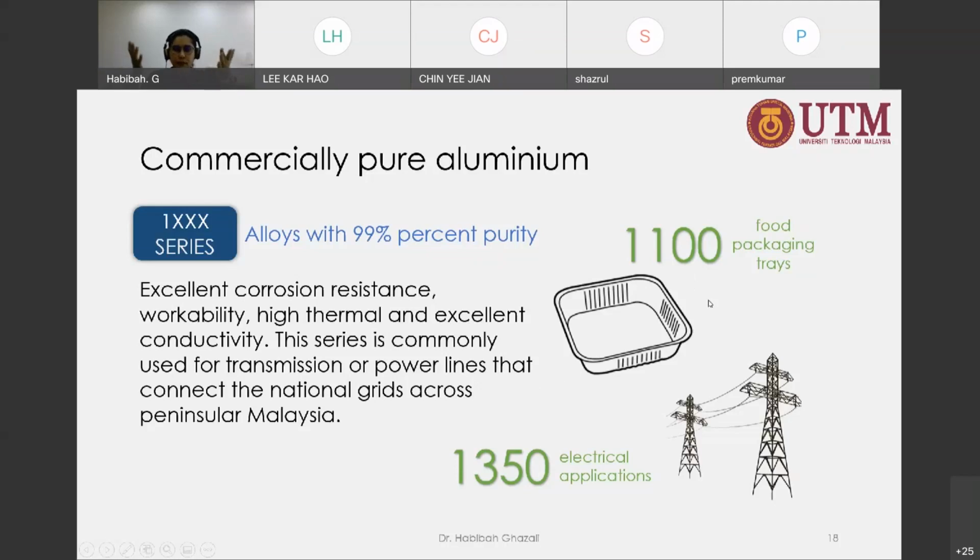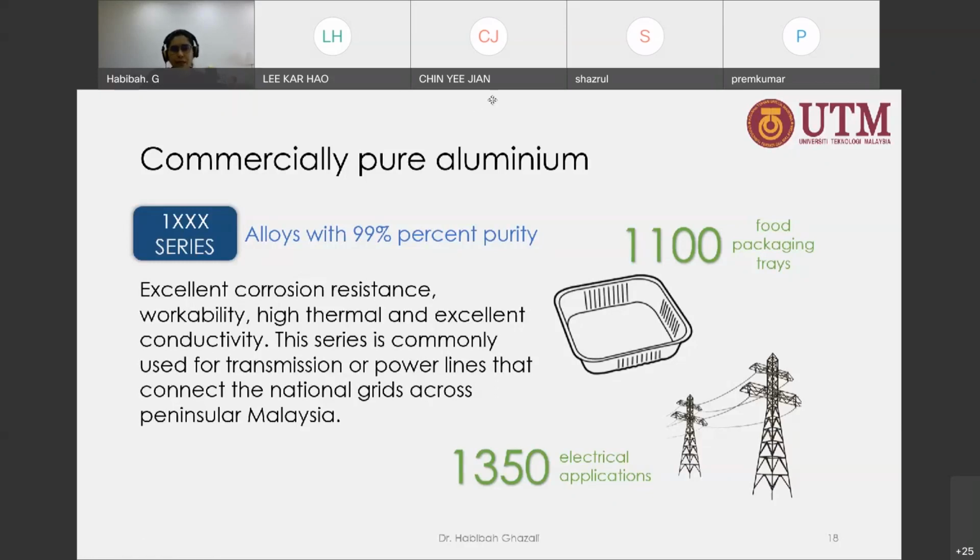What's the difference between the 1100 series and the 1350 series is the amount of aluminum. For the 1350 it is 99.5%. For the 1100, the impurity is 1%. So that's the only difference between them. They are almost pure. All right, so that's for the commercially pure aluminum, which is the 1000 series.